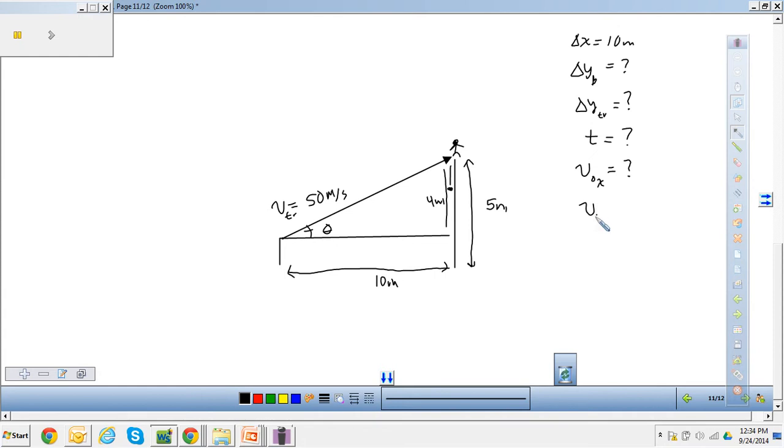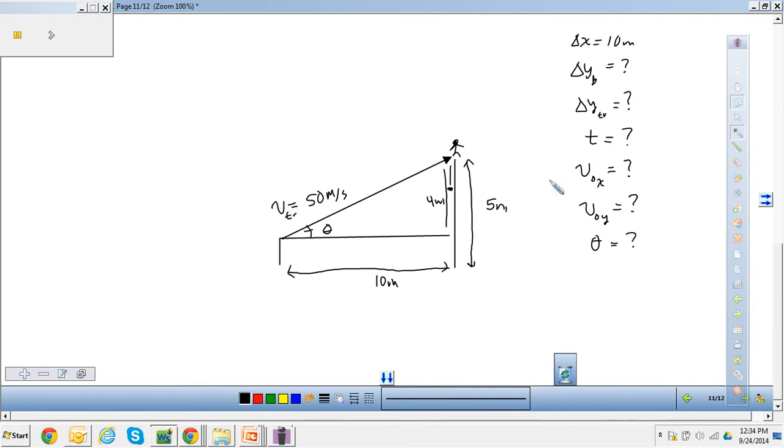Do we know the initial velocity in the y? Nope, we don't know that either. Let's see, what other things might we need? Do we know theta? No. Dang, we don't know anything. Okay, that's okay. We'll take it one step at a time.